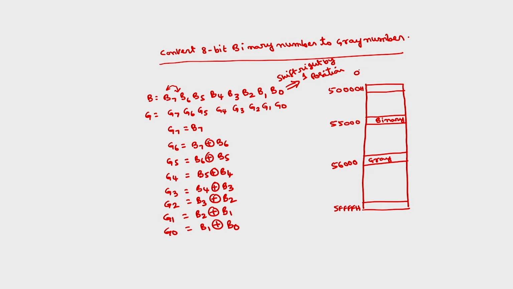So this bit becomes 0 if the carry flag is reset, then B7, B6, B5, B4, B3, B2, B1. B0 will enter into the carry flag. So this will be the shifted version.